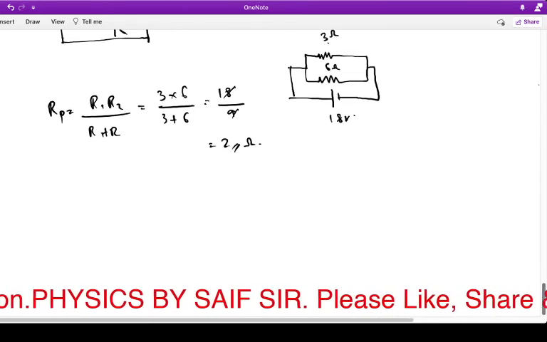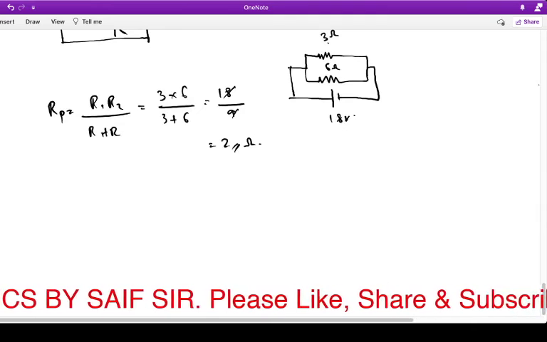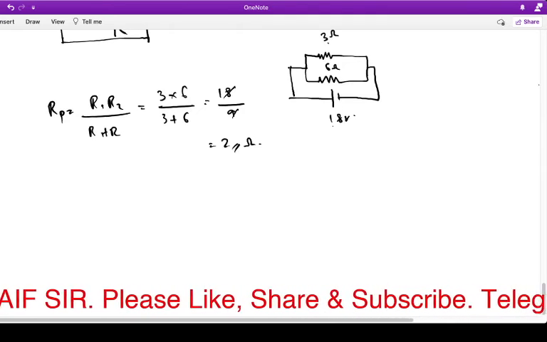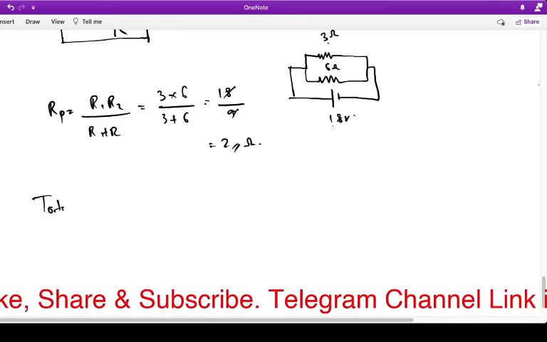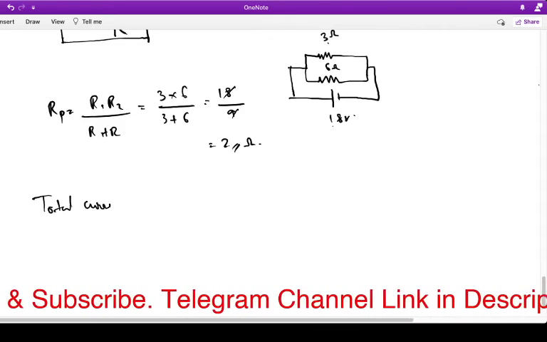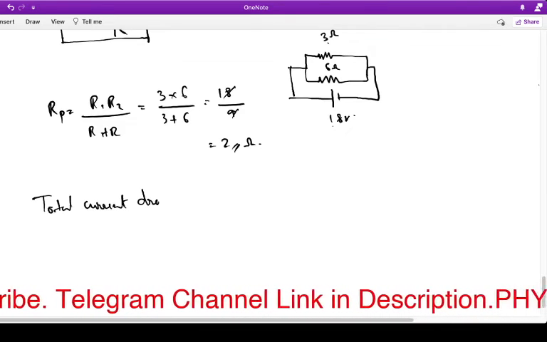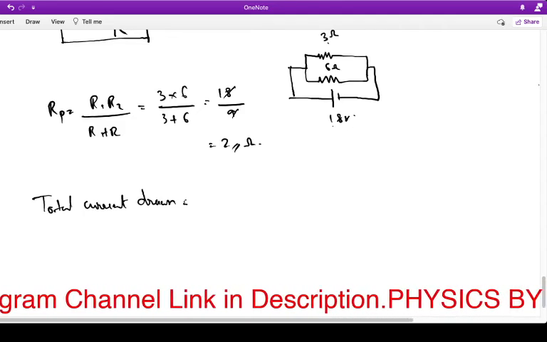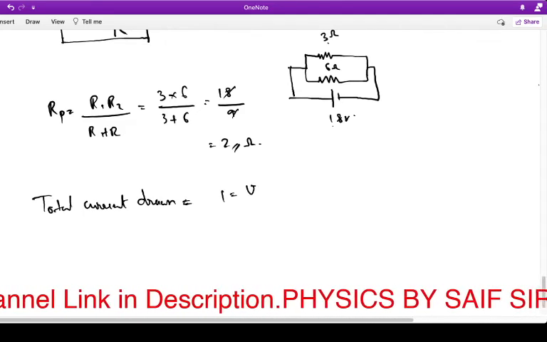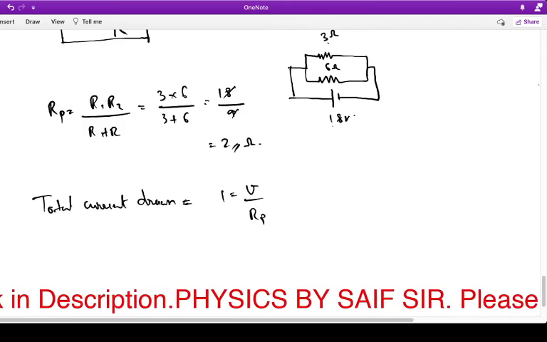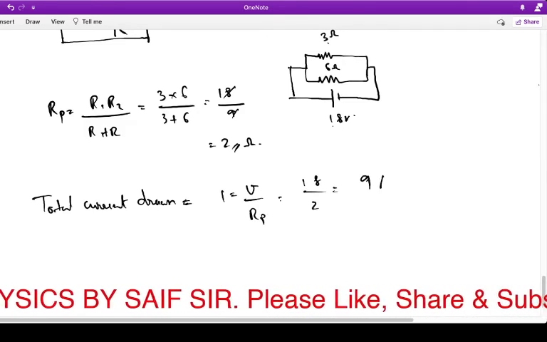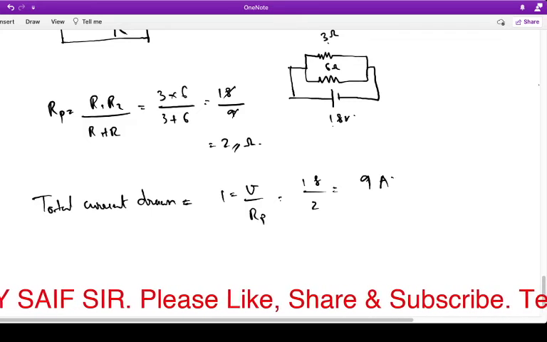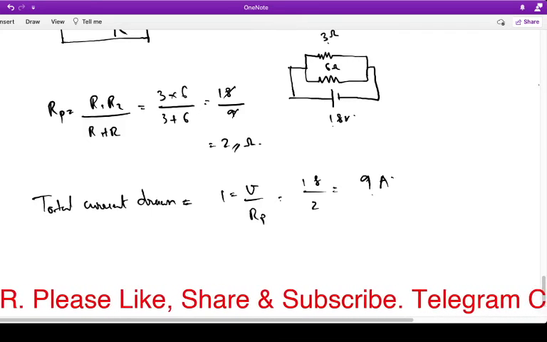Now we have voltage here, we can find current easily. So the total current drawn is I is equal to V by Rp. Voltage is 18 and R is 2, we will get 9 ampere.